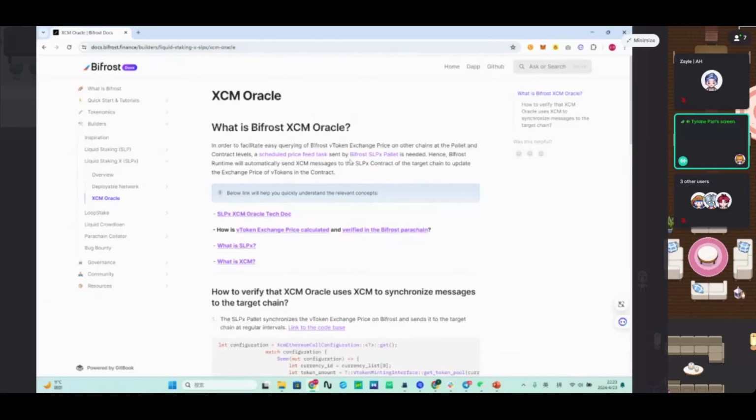The price can be easily used by any DEXs or lending or borrowing protocols. They might name this price the exchange price. So there might be cases where you have the price of DOT in USD, but you don't have the price of VDOT in USD.